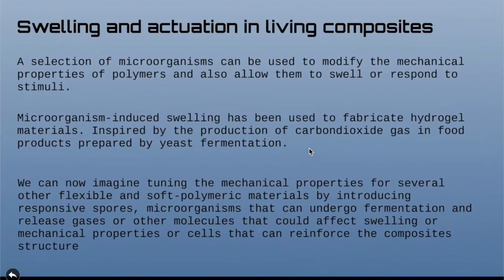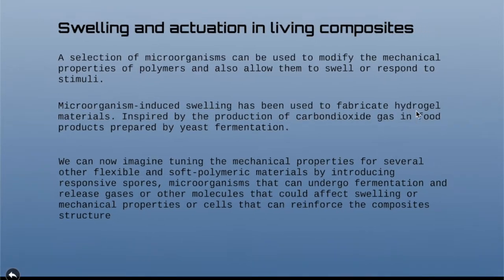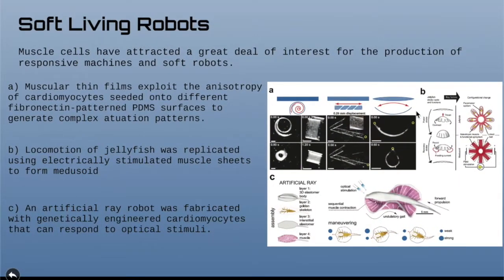This is just swelling and actuation, which is commonly used in hydrogel. So we can use the living materials inside the composites, especially the hydrogel, and this is just an overview of how they swell and actuate, because they change the structure of the hydrogel. Okay. And then the self-lifting robots, this is actually really interesting.